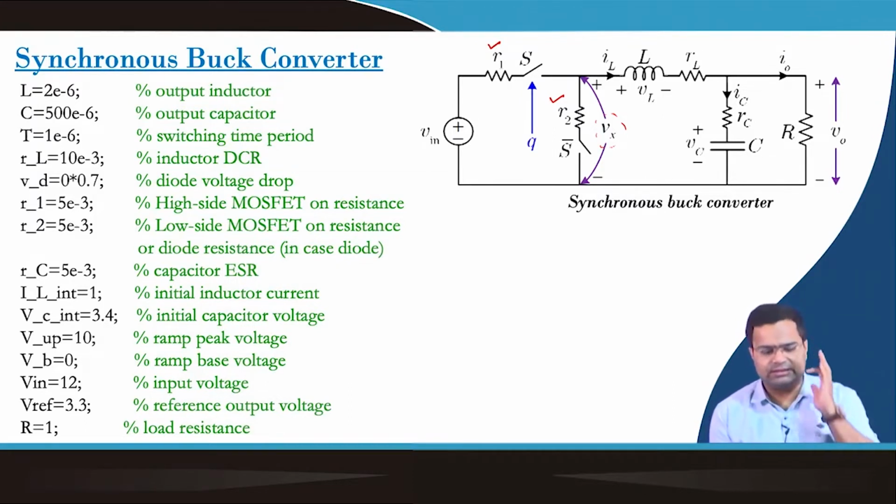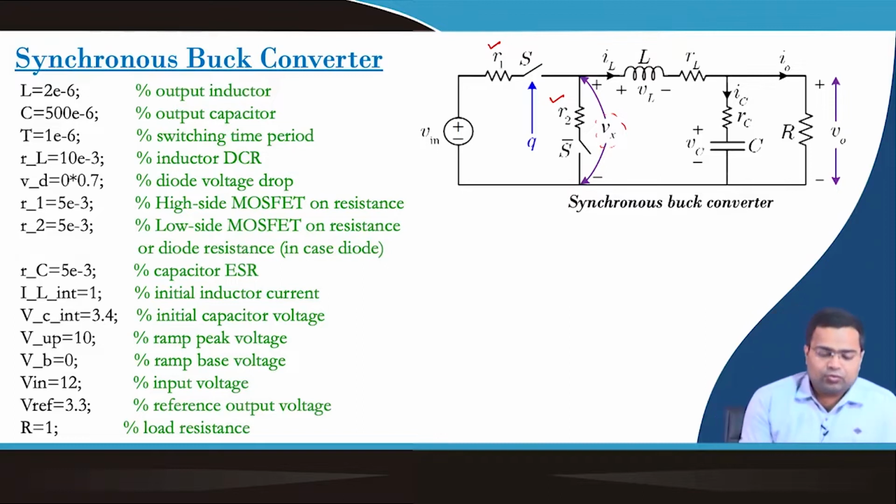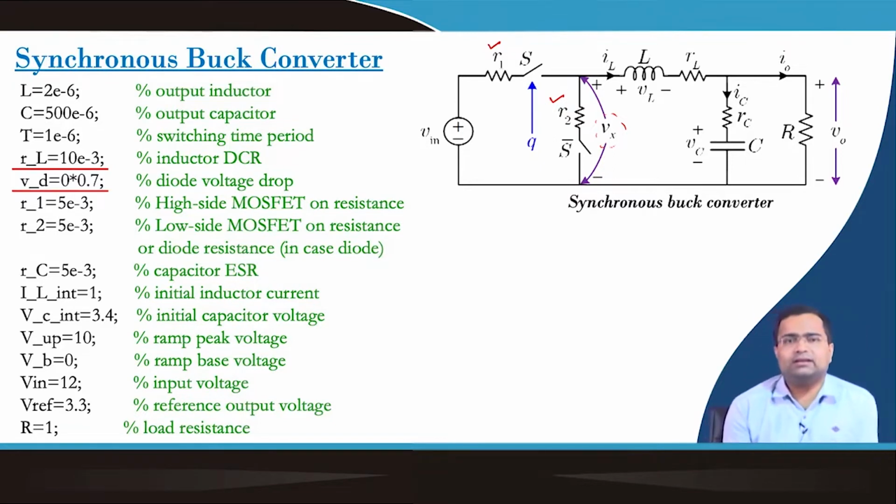In fact, we want to see the effect of a larger inductor or a smaller inductor. So, we will take a few case studies. We took the DCR of the inductor, RL, then the diode drop. Here we are not operating a conventional buck converter, so there is no diode drop. So, it is set to 0.